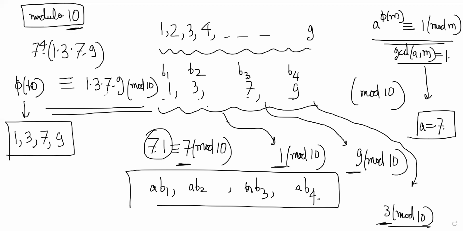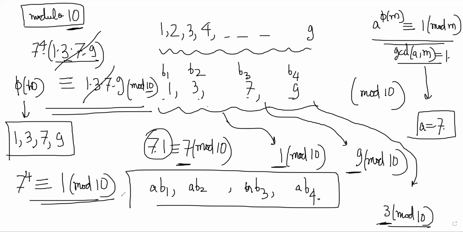No, that was wrong. We have to only select the numbers that are co-prime to n. So now I can divide this and this, because they are co-prime to 10, all of these. And now you get 7 power 4 is equal to 1 mod 10.